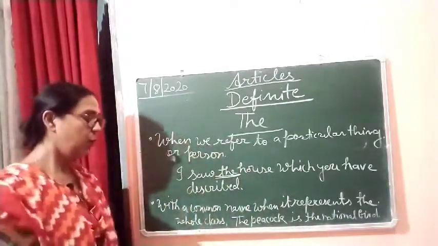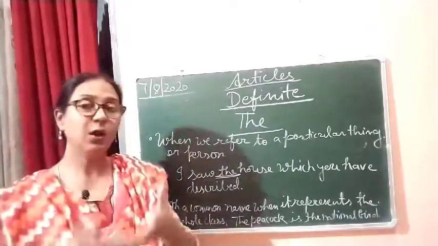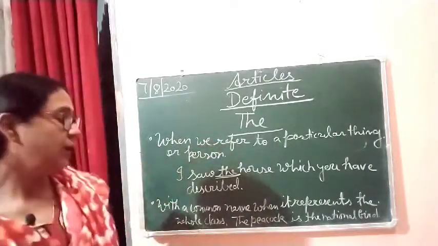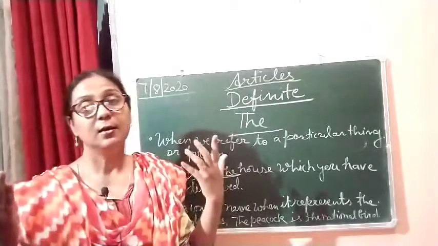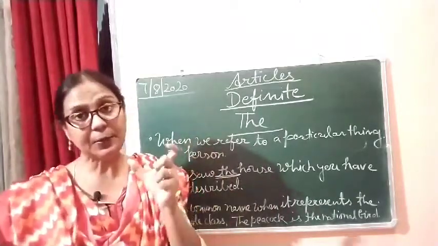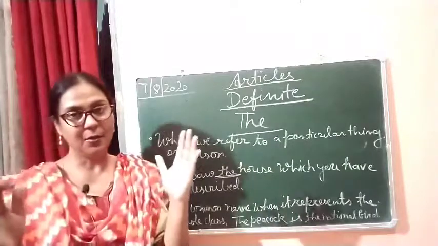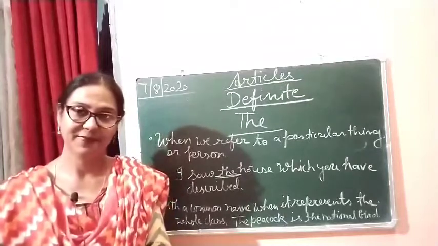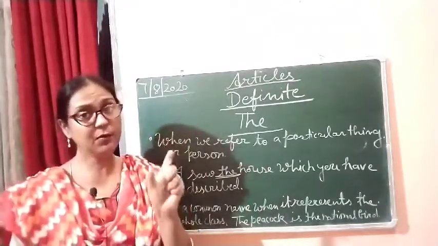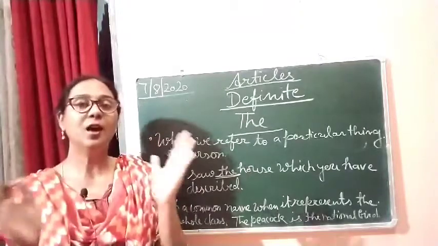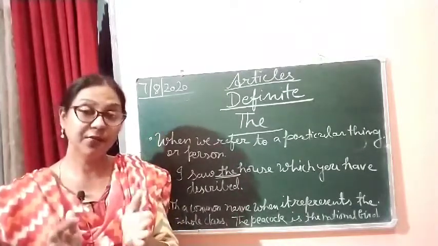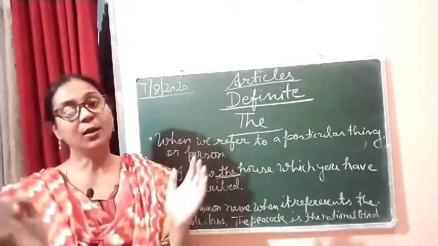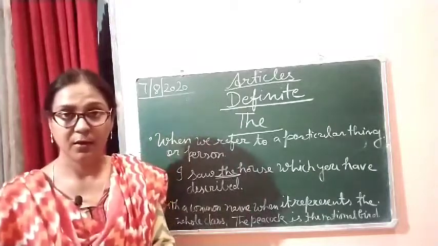Now we are moving to a common name when it represents the whole class or community. Here, the peacock is the national bird of India. We are representing a whole class of peacocks. So here, the peacock, we are referring to a class of peacock, a whole group.